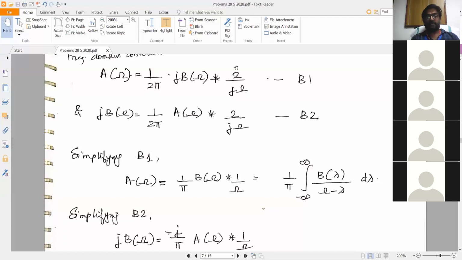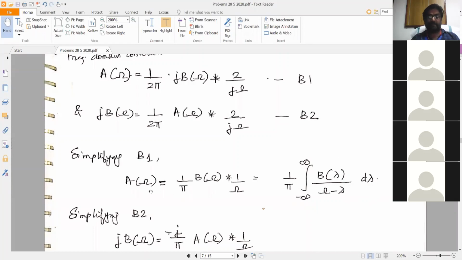So this 2 and this 2 will cancel, and this j and this j will cancel. So A of omega is equal to 1 by pi B of omega convolved with 1 by omega, which you can write as 1 by pi integral minus infinity to plus infinity B of lambda by omega minus lambda d lambda. So this expression is very familiar.